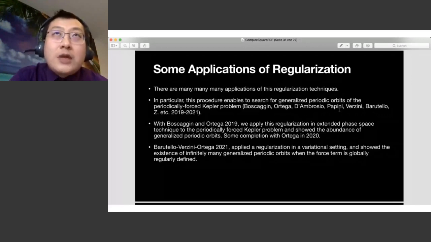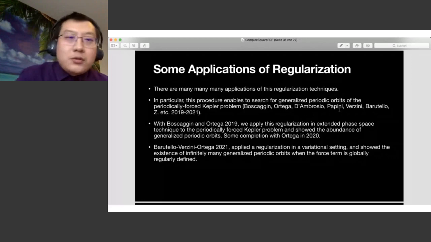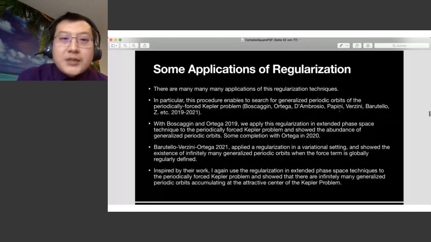This is a rather new and very different method. So here one sees that the number increases to infinity. And then I got rather inspired by their very nice result, and I was asking whether there is something which one can do to try to understand it again with this regularization in extended phase space technique.